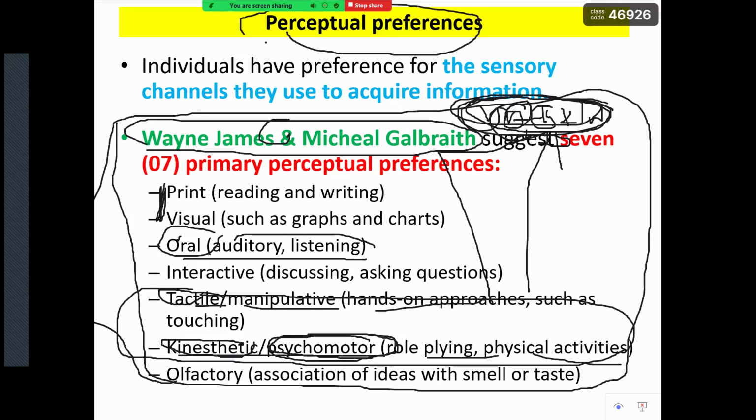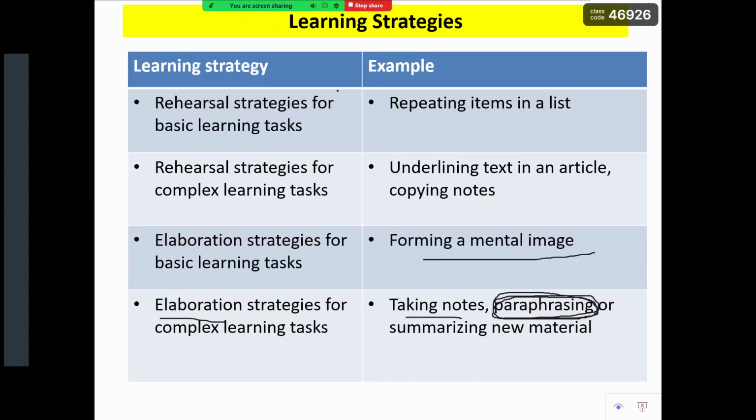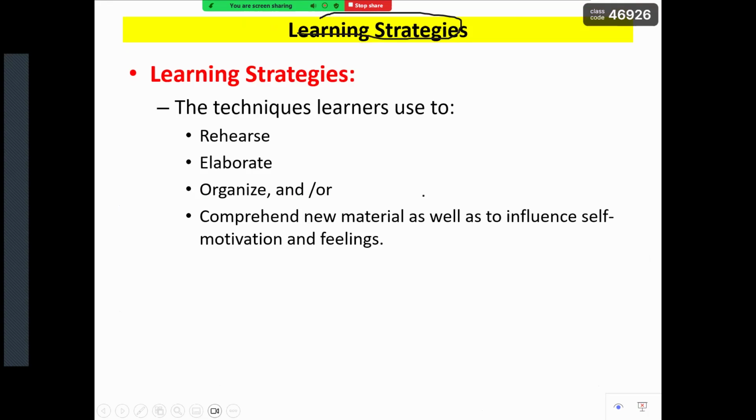In other words, perceptual preferences in learning, that is individual preferences in learning, are known as the learning styles of individuals, right? So all these are learning styles. And apart from that, learning strategy is given, and this must come first.